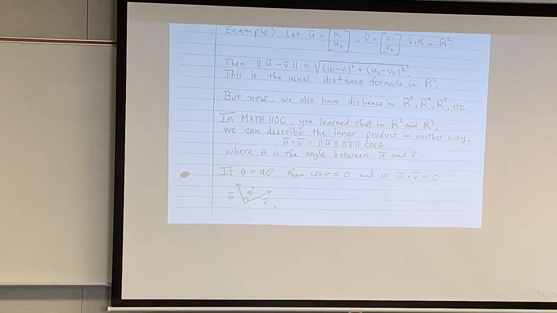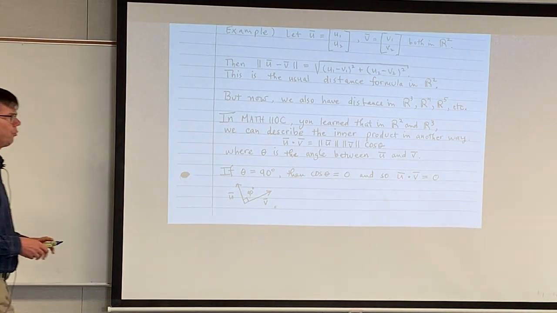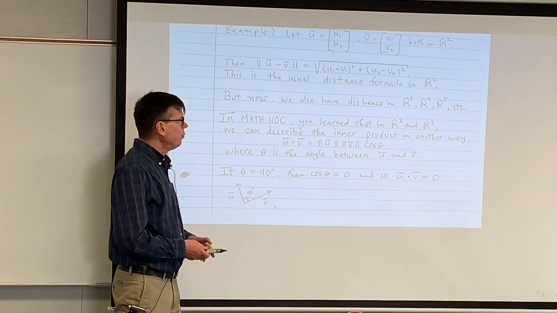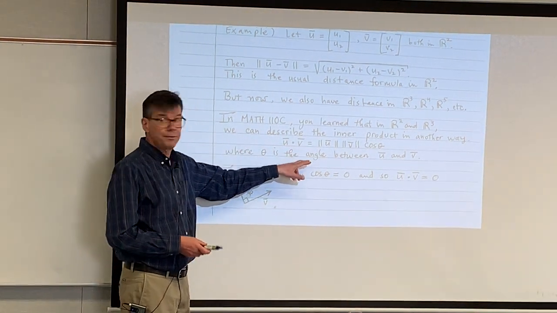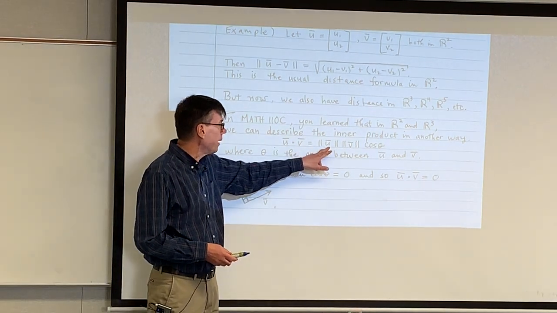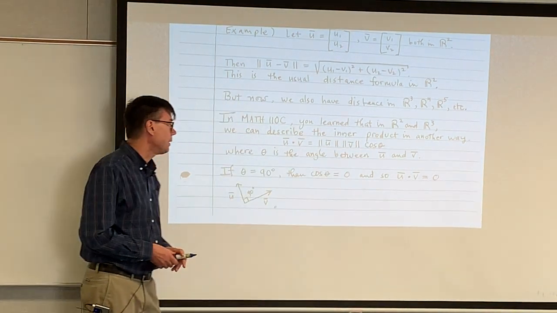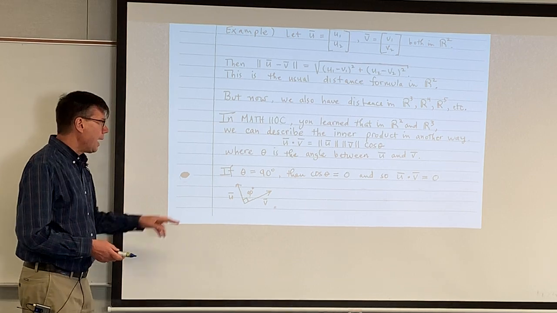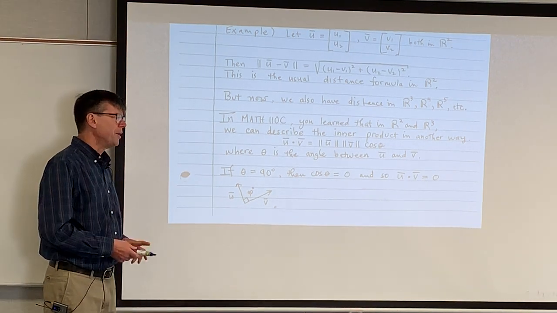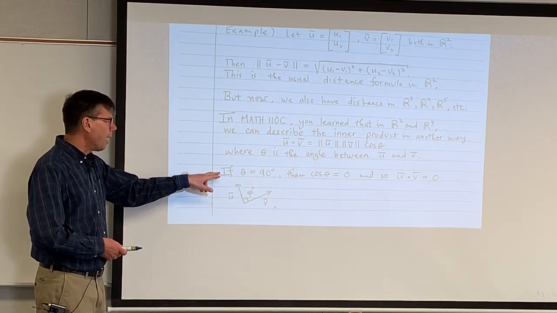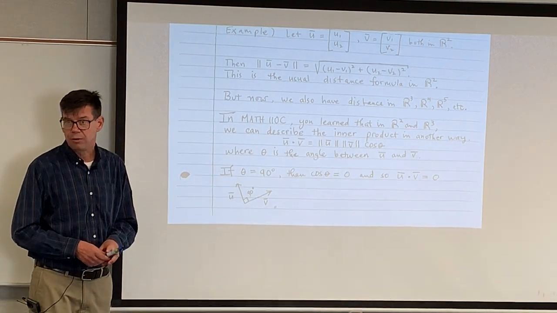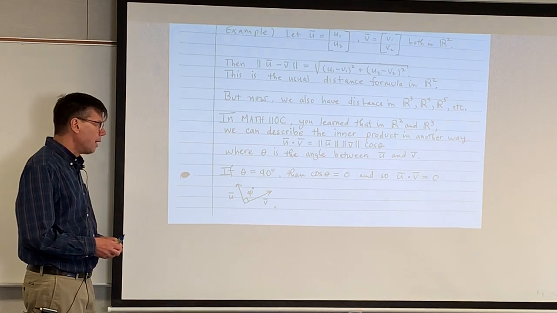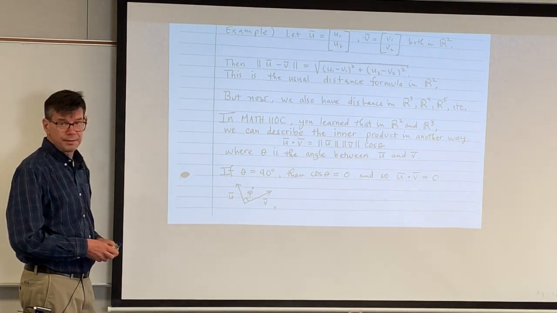And another comment about 110C, Calc 3, you learn that there's another way to describe the inner product of two vectors, right? You've seen this formula before where you take the length of u times the length of v times the cosine of the angle between. We're not really going to make use of that formula, but we are going to make use of the idea that if the angle between is 90 degrees, then cosine theta is 0, right?